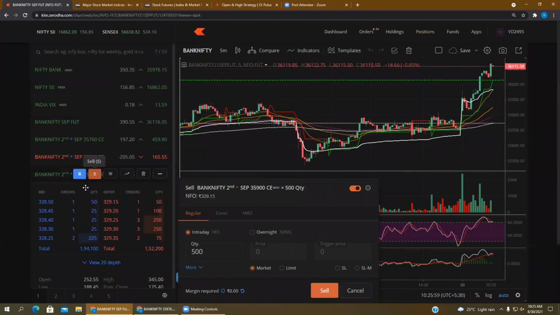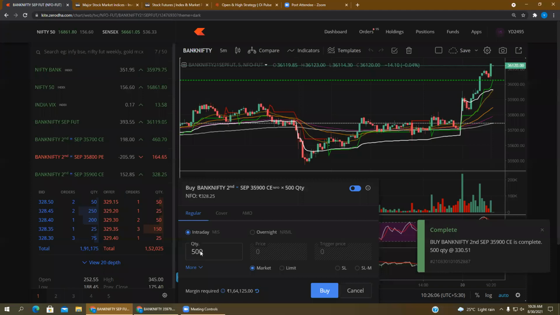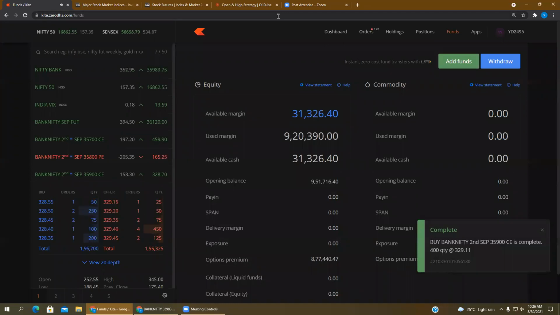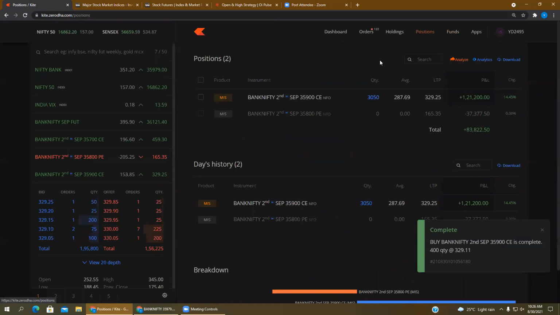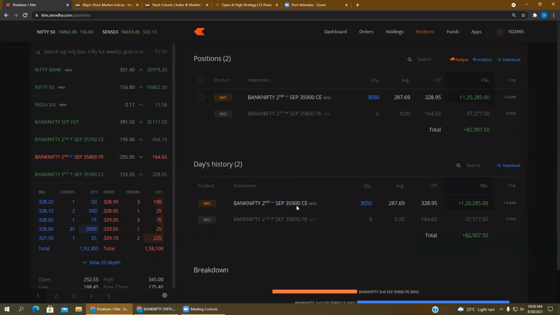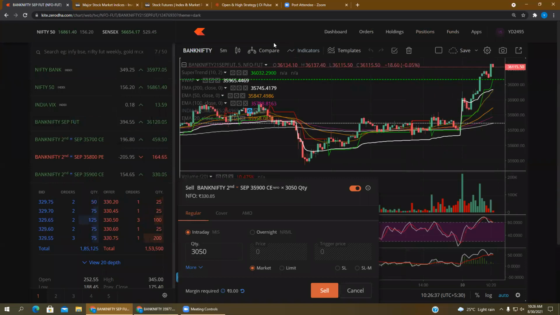Added again 500 at 330. Added 1000 at 329. Added more 400 at 329. Now I have 3000 quantities. If 340 comes, I'll reduce some quantity. 340, 345.